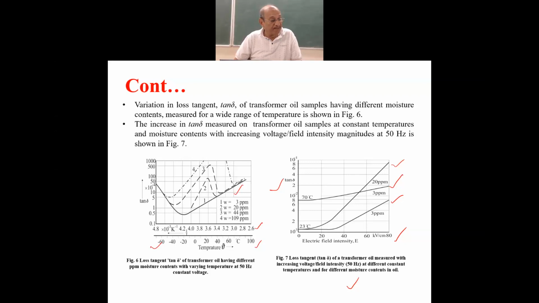These measurements have been conducted with a standard test cell, we call it standard test cell. What is it? See, the conditions at which these measurements should be performed should be identical to make them comparable.